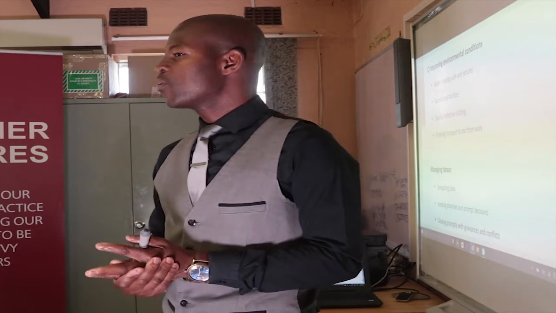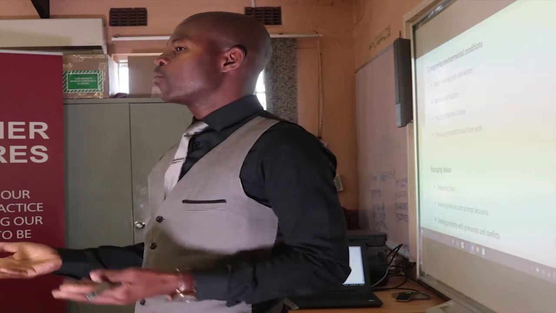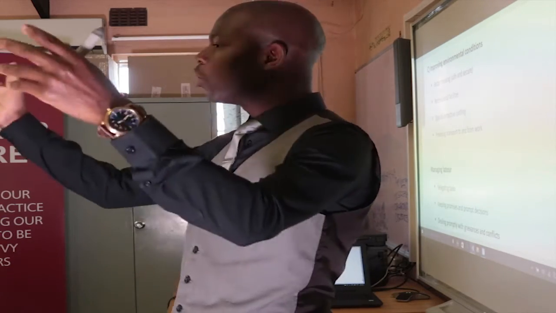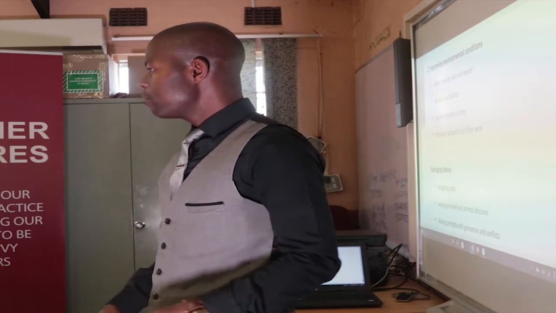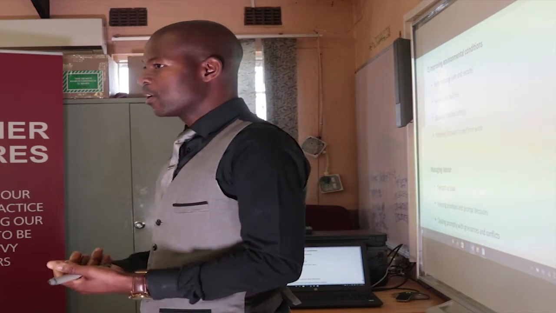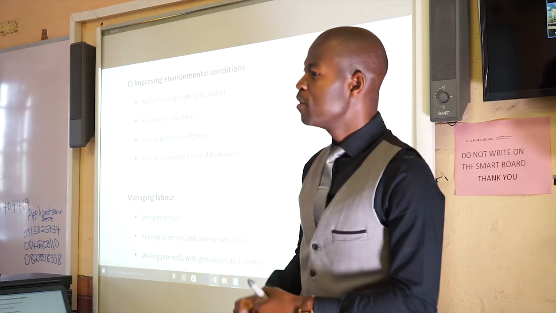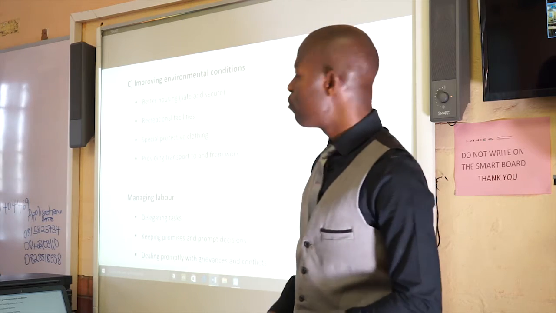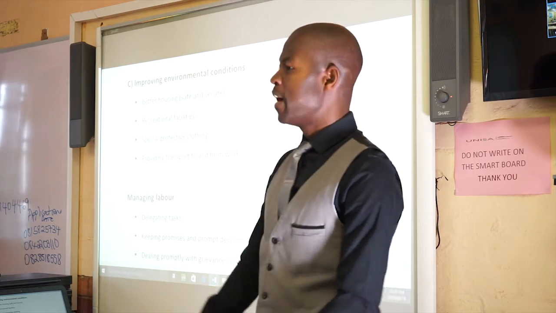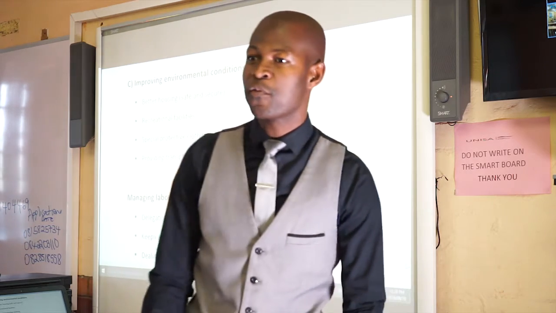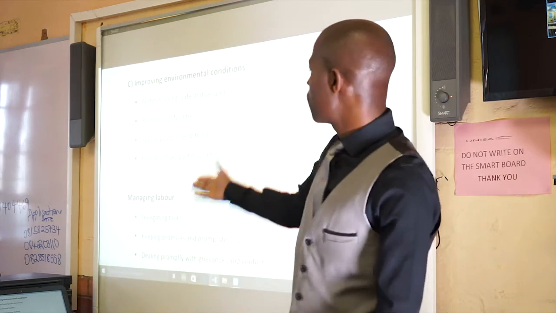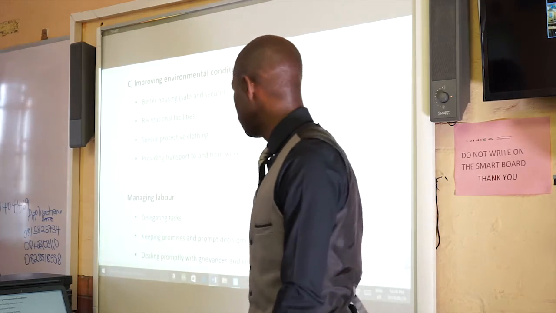Remember that they are working in very unfavorable working conditions. Maybe it's too cold in the morning, so you need to give them protective clothing. If they're working in the dairy, you need to give them safety boots or gumboots so they can prevent their feet from getting wet because they're working in a damp environment.